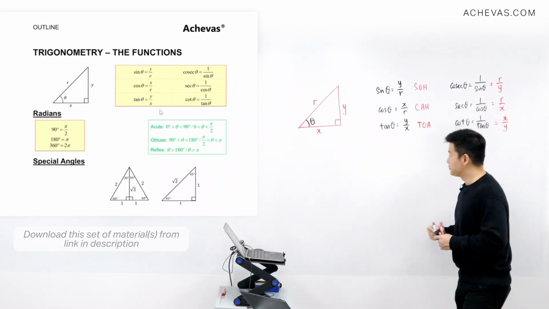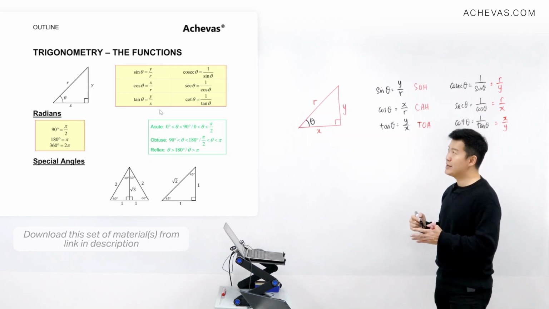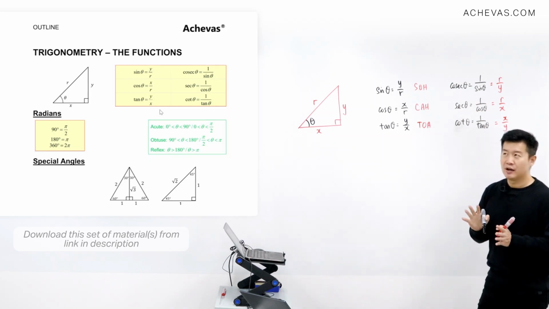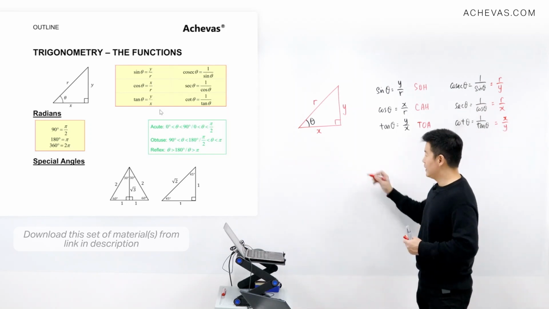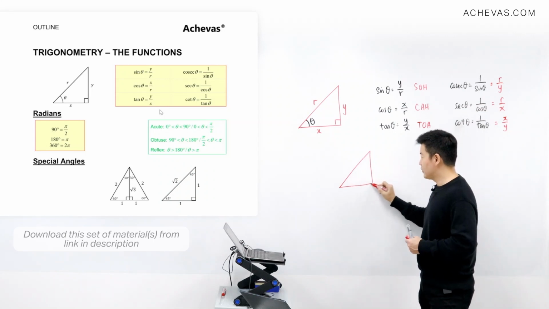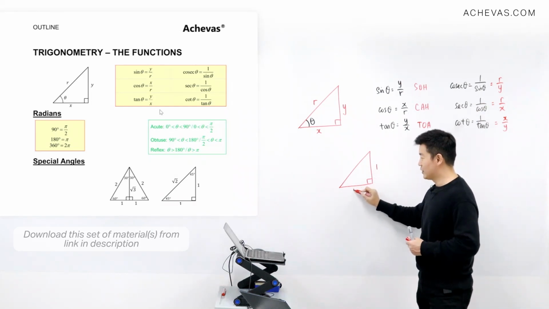So for example, how can we apply this? Okay, let me give you a simpler scenario to just warm us up to the trigonometric functions. So let's say I have a right-angled triangle, and for this right-angled triangle here, this side is 1, this side is 1.